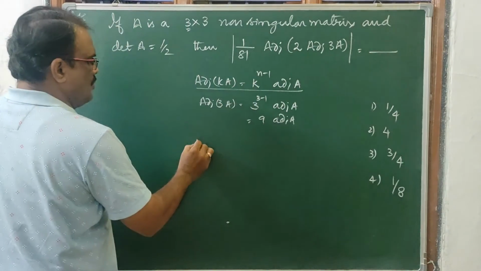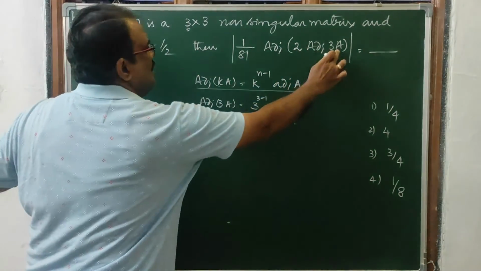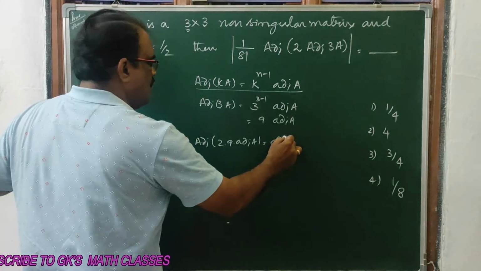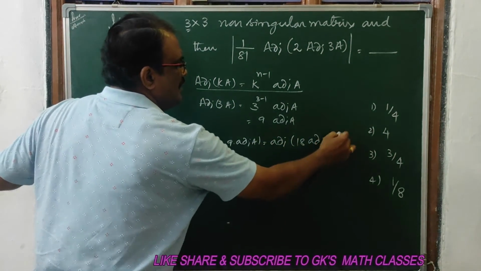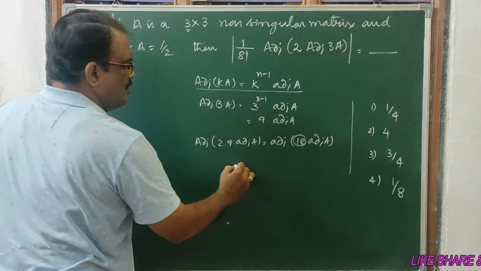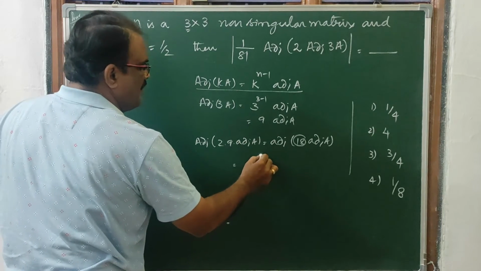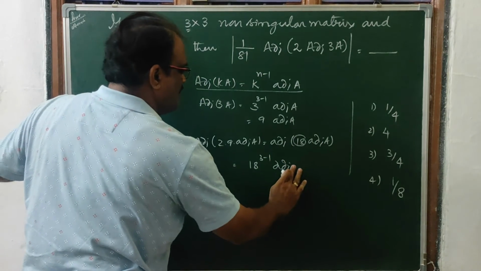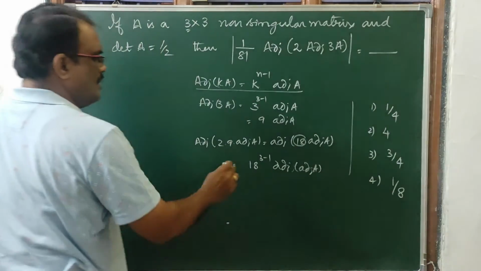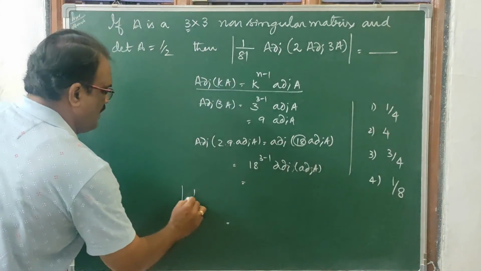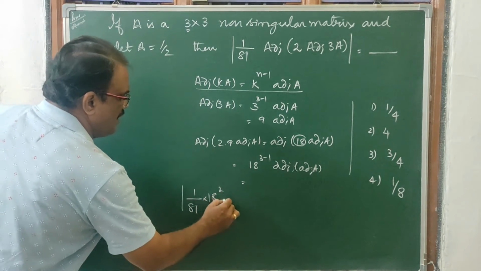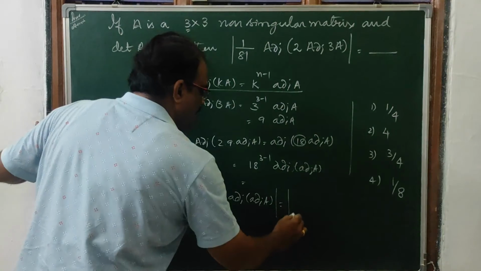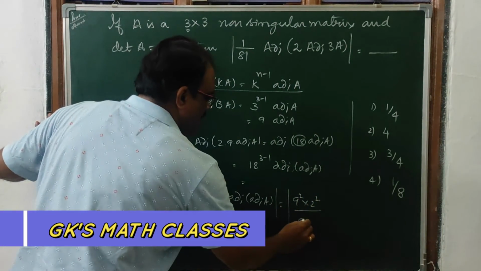Again you have a 2 here. So instead of adjoint of 2 adjoint 3A, we write 2 into 9 adjoint A, that is adjoint of 18 adjoint A. Observe here, again it is K: K power 3 minus 1, that is 18 square, into adjoint of adjoint A. We write 1 by 81 into 18 square adjoint of adjoint A, that is final. 18 square is 9 square into 2 square, divided by 9 square, 81.